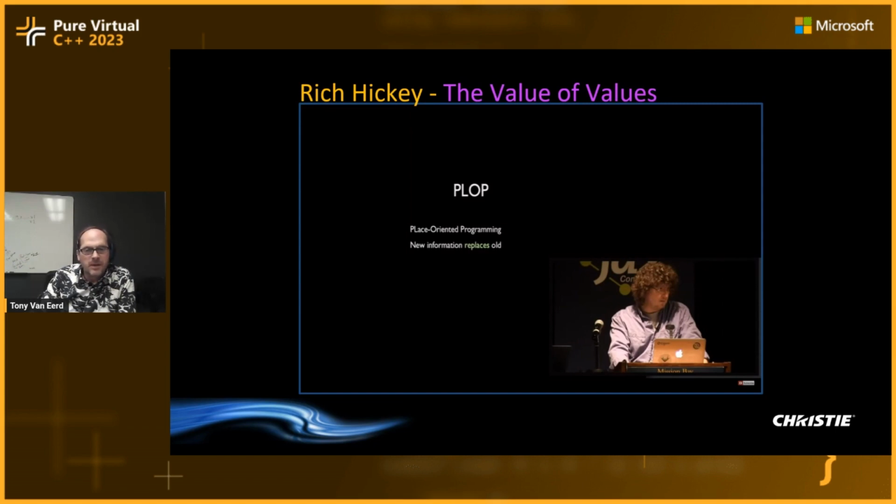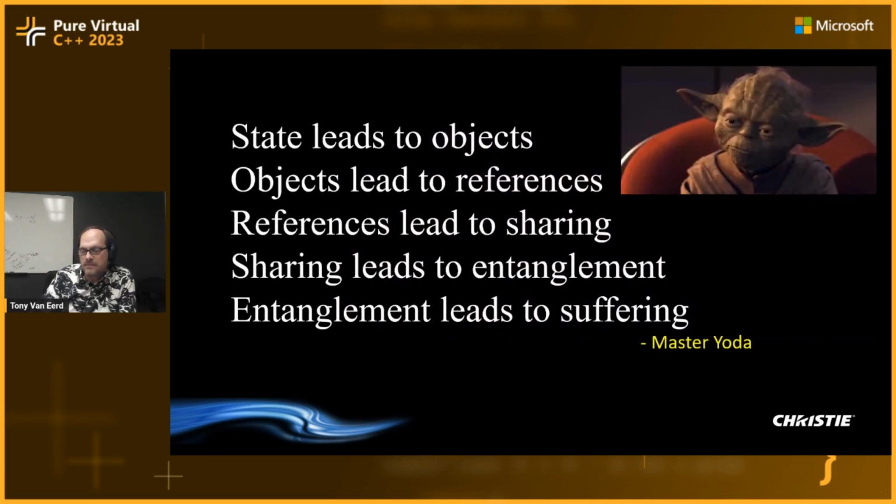But let's see what some other philosopher had to say about it. Right? He said, state leads to suffering, right? If you get the extended cut of Star Wars, you see the full quote. State leads to objects, objects lead to references, references lead to sharing, sharing leads to entanglement, entanglement leads to suffering, right?